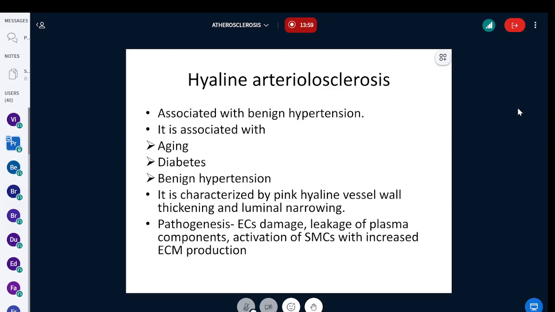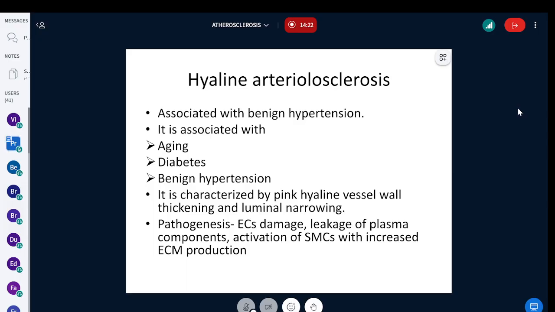Always remember, from normal physiology, every part of the body is in homeostasis. So even in a blood vessel, there's a required amount of smooth muscle cells and a required amount of extracellular matrix, so that if either exceeds the required amount, then you get a disorder.